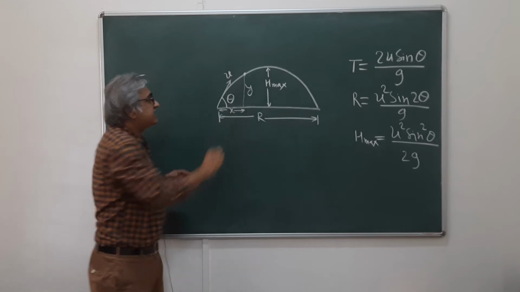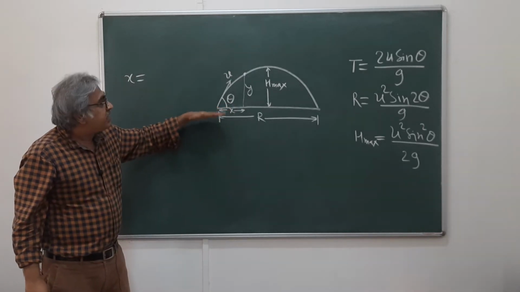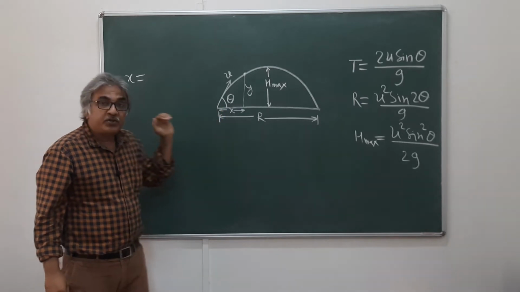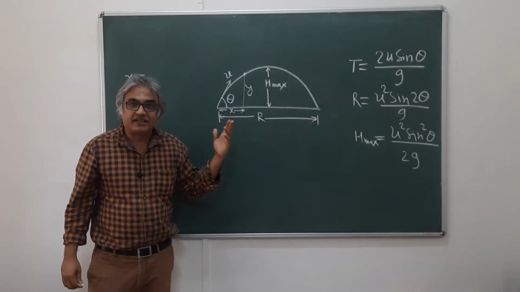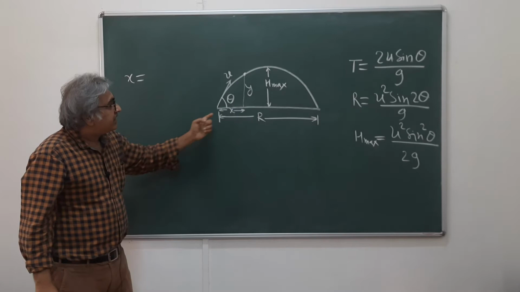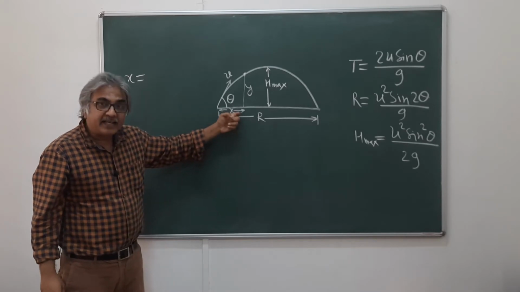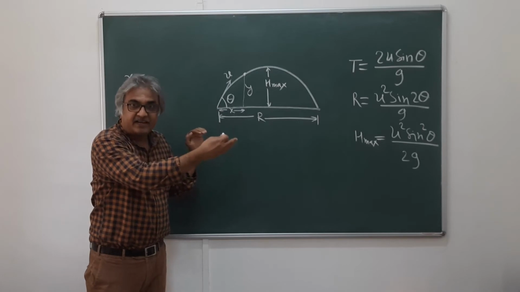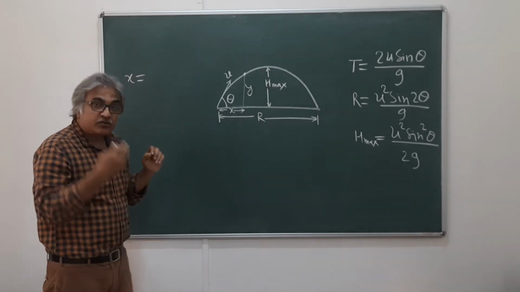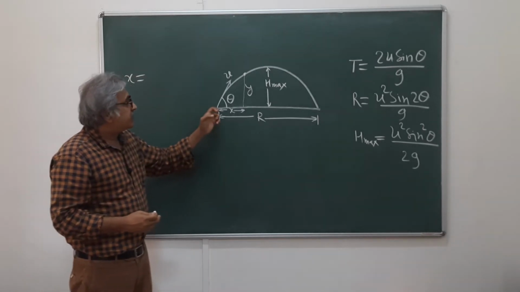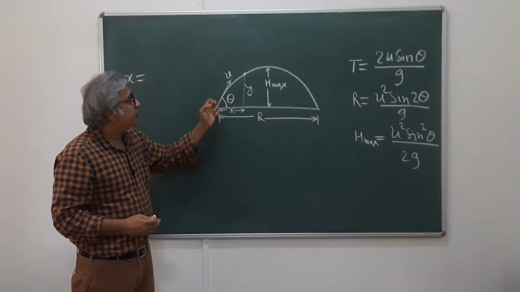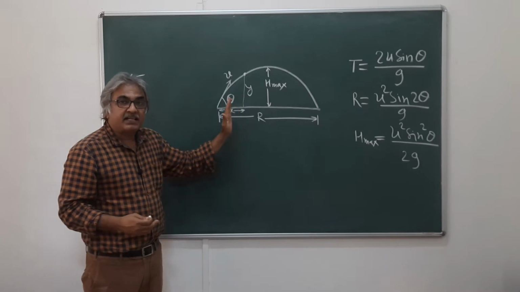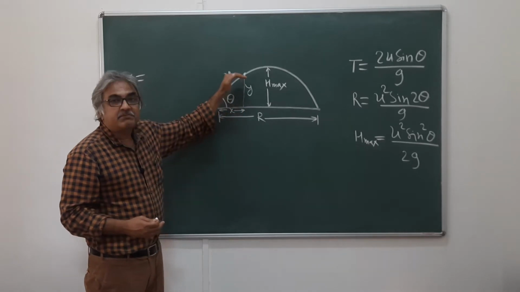Initial u. So its horizontal component is going to be u cos theta, and the horizontal component of velocity will be constant in the projectile. So the displacement x is given by u cos theta into time. Let's say time is t. So that time t means the projectile during that time has moved from here to here, which means it has displaced horizontally by x and its vertical displacement is y.